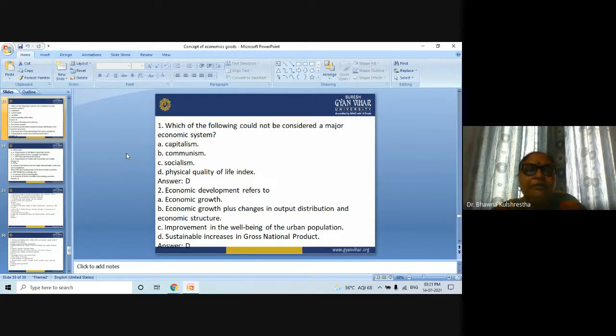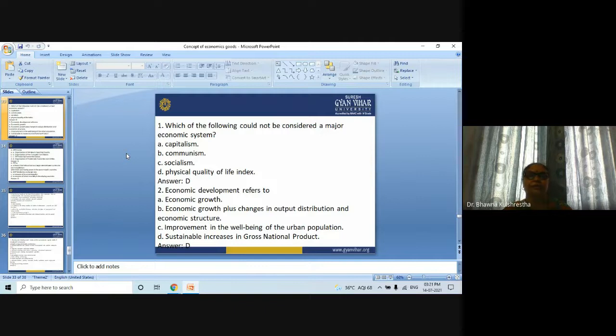Answer is physical quality of life index. And next question: economic development refers to? First option is economic growth.